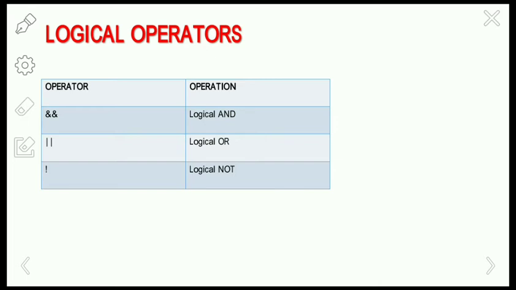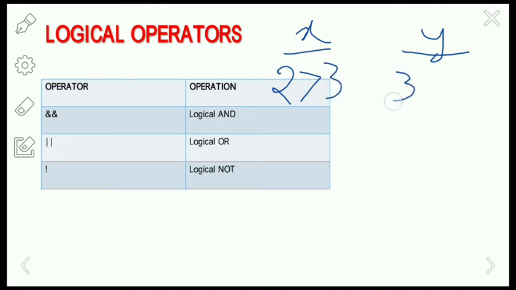So I am taking the condition x and condition y. Here condition x is whether 2 is greater than 3 or not, and condition y is 3 is less than 4. So we are going to apply the logical AND operator for these two conditions.